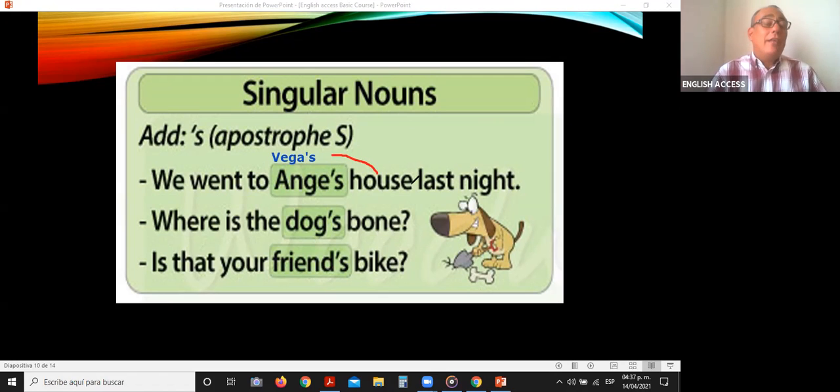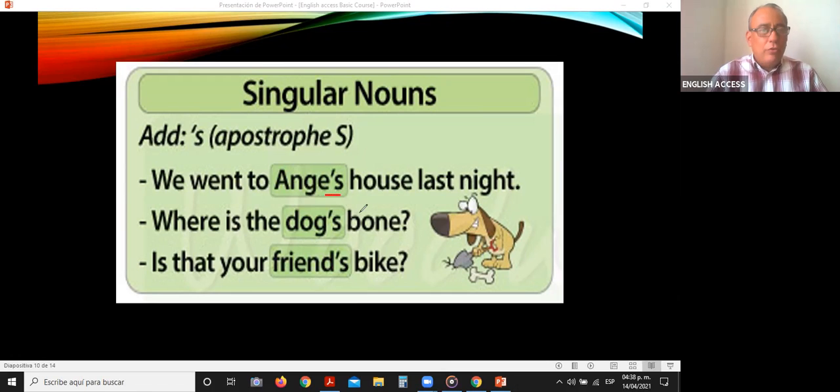So it's Vega's house. Maybe Roberto's house, maybe Antonio's house, but in this case, this can be used with the last name. So this is the construction of the information about possession.